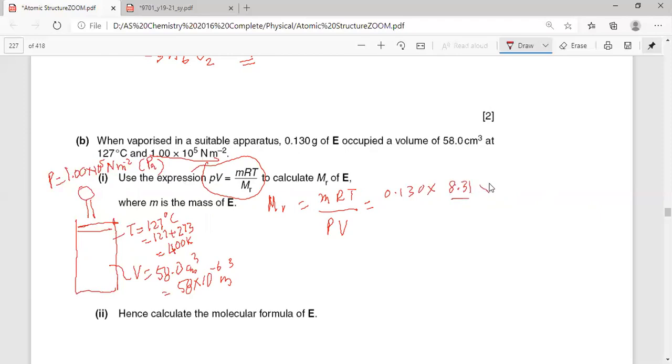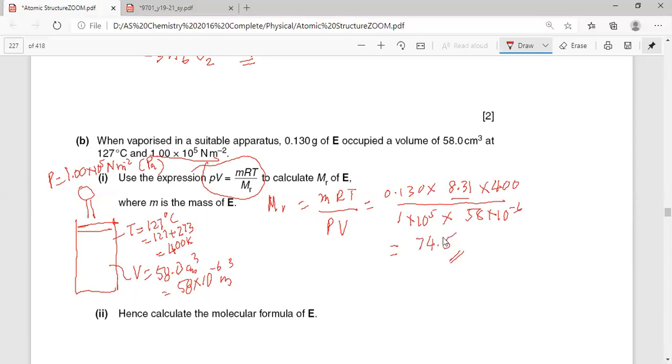From your data booklet, times T is 400, over P. You change 1 times 10 to the power of 5 times V. Change V: 58 times 10 to the power minus 6. You found it to be, as I've done here, 74.5.